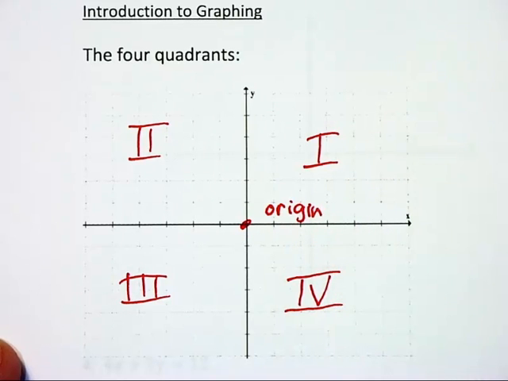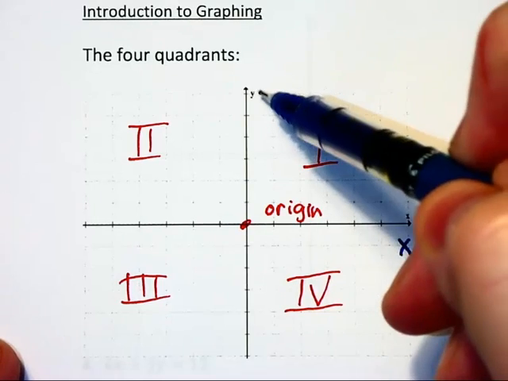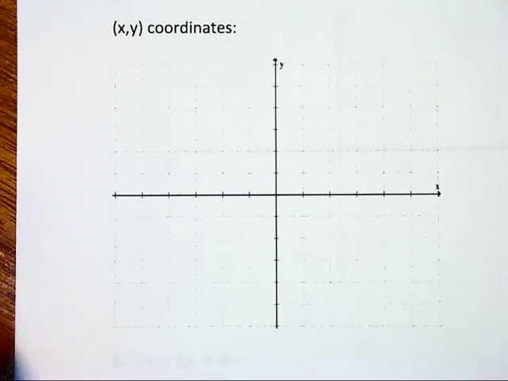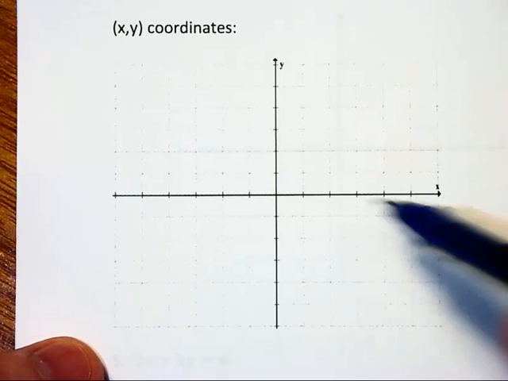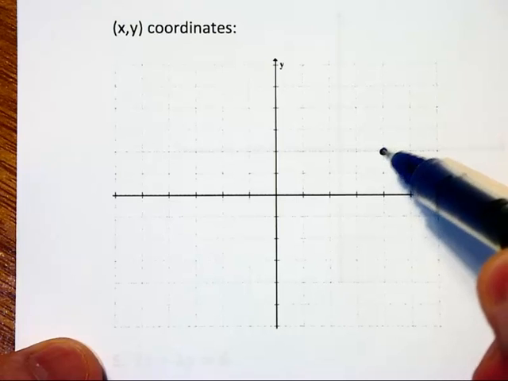And it is very important that you don't get the x-axis and the y-axis mixed up, because if you have your x and y mixed up, you're going to be plotting points in the wrong places. Let's begin by plotting a few points. Let's say I want to go 4 units to the right and 2 units up from the origin.